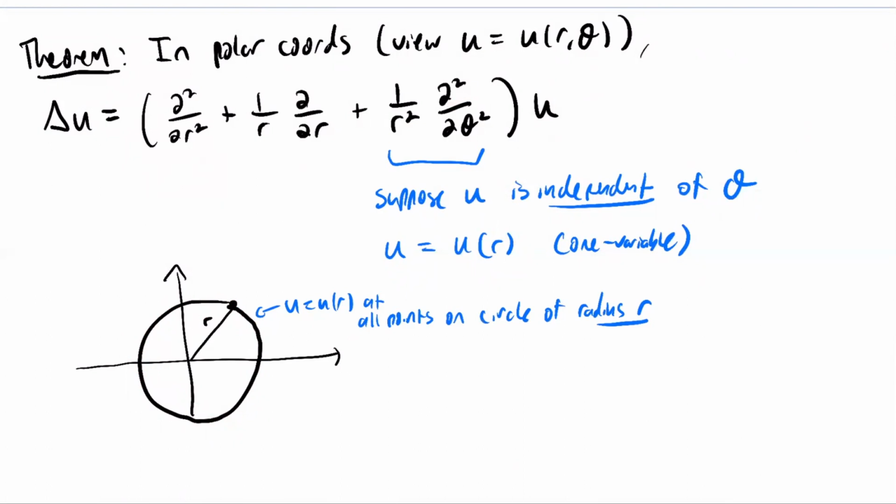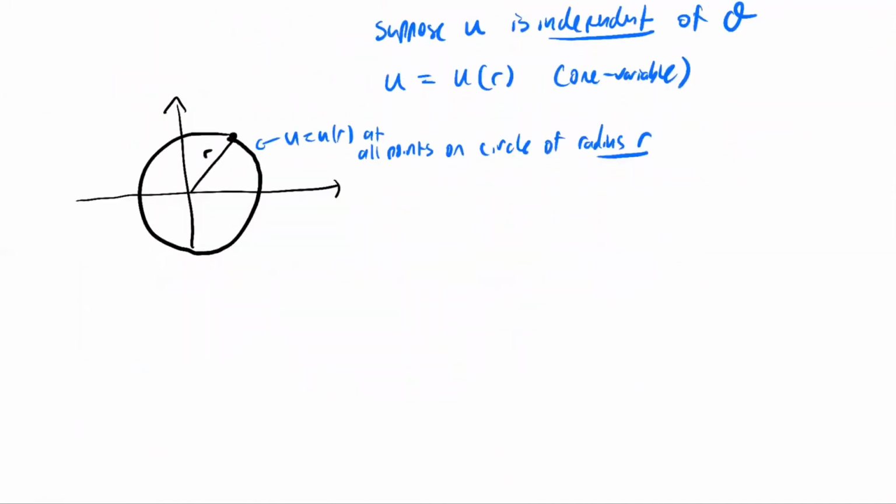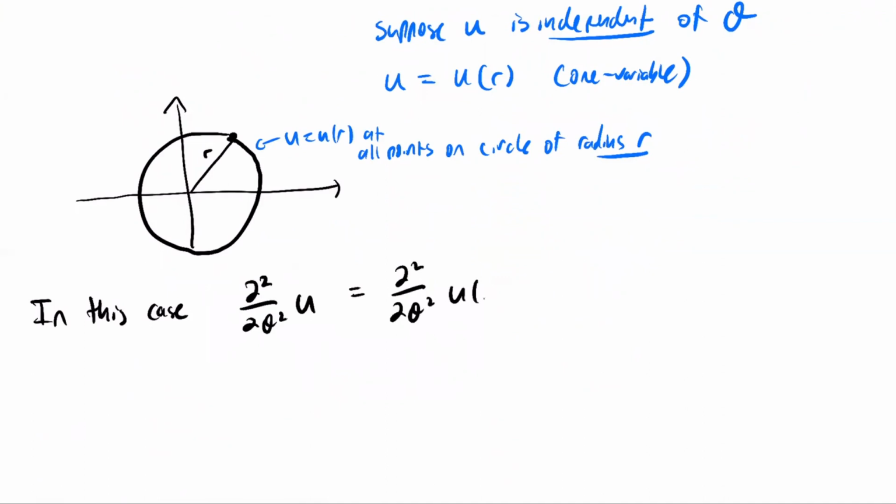But in this case, this term is going to vanish from the Laplacian. And so we can actually solve the equation directly in this case. So if I take the second derivative with respect to theta of u, this is the second derivative with respect to theta of just a function of r.